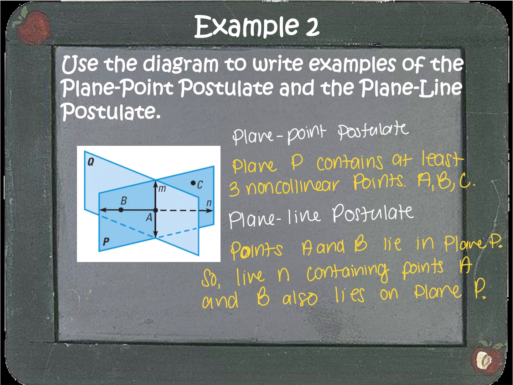First, it's saying I have my points that lie on plane P. So that means the line that goes through those 2 points is also on plane P. Okay, any questions on those two postulates? Plane point and plane line.